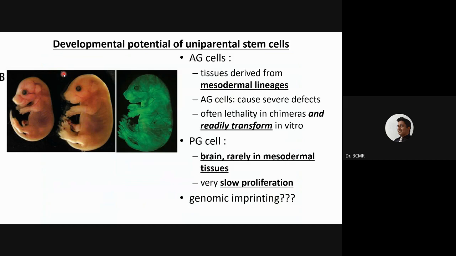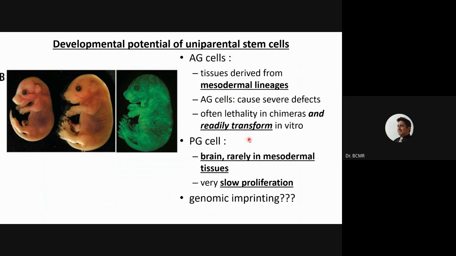So here are some of the results that people have found using the chimera technology. They have found that androgenetic cells mostly give rise to mesodermal cell lineages. And they grow aggressively. They grow much faster.